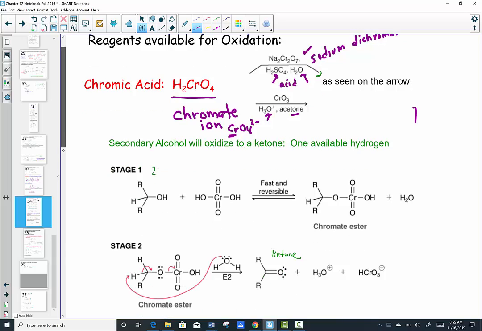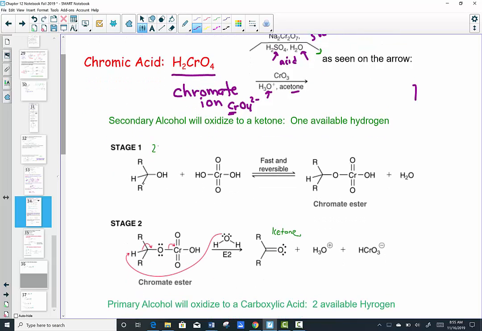Now let's take a peek at what we see. Here is a secondary alcohol, just as an example. So I have just one available hydrogen. The chromium, what it will do is very similar. It's going to attach onto the hydroxyl group to turn this poor leaving group into a more stabilized compound. And so we're just adding on to create a chromate ester.